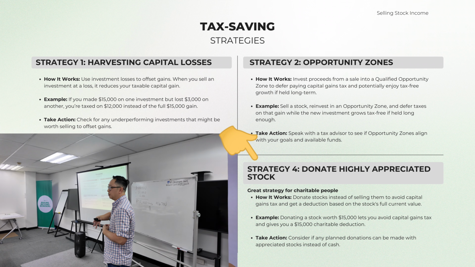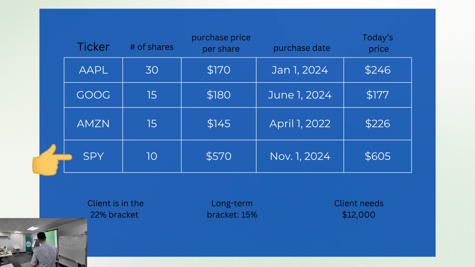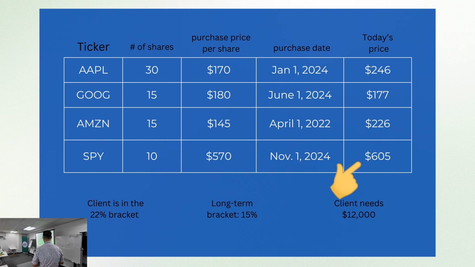Okay, so let's talk about this right here. Let's just say Taylor has all these stocks: Apple, Google, Amazon, and SPY. These are the number of shares he's currently holding, this is the purchase price for each share, this is the purchase date, and this is today's price, what the stock is worth today.